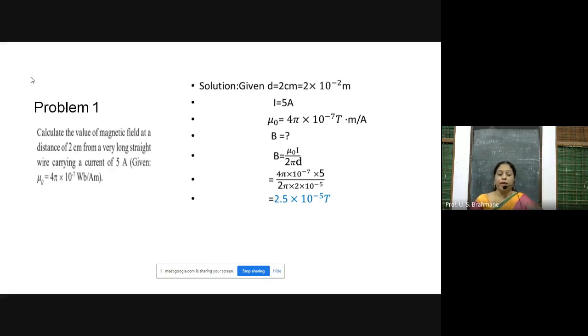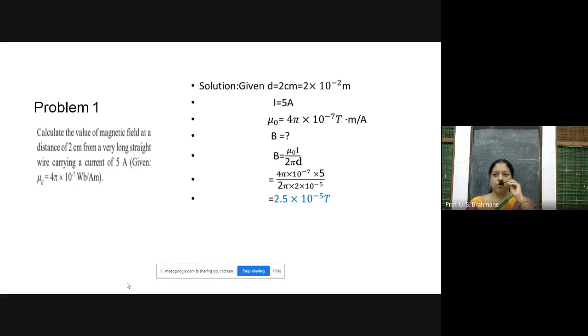Then we have seen the torque on a loop and how the principle is applied for the moving coil galvanometer, and we have got tau equal to NIAB. Then we saw dipole moment. Then we saw the Biot-Savart law and its 3 applications.